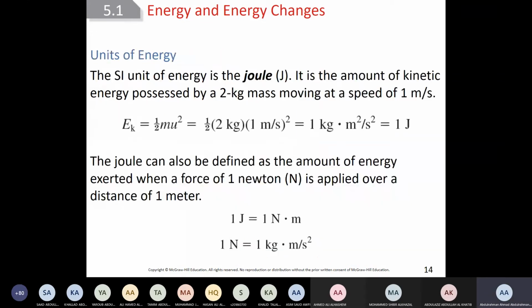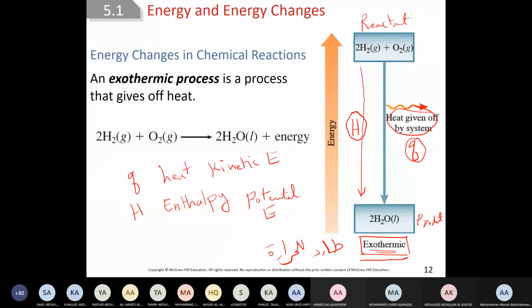Or, on the other hand, here again your system is the reaction, and the reaction was higher energy than product. The energy went down, and the enthalpy went down, and the heat comes out from your system to the surrounding.